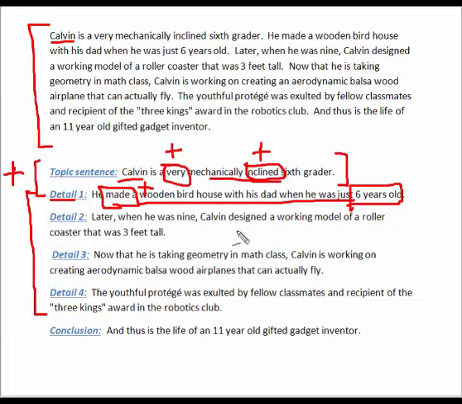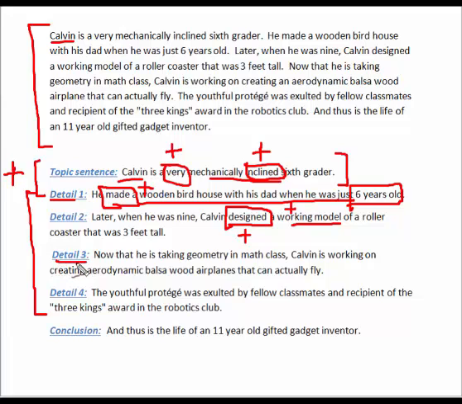Later, when he was 9, Calvin designed a working model of a roller coaster. When you design something, that's another word for make, and that would be positive as well. A working model, when something works, that would be positive as well.